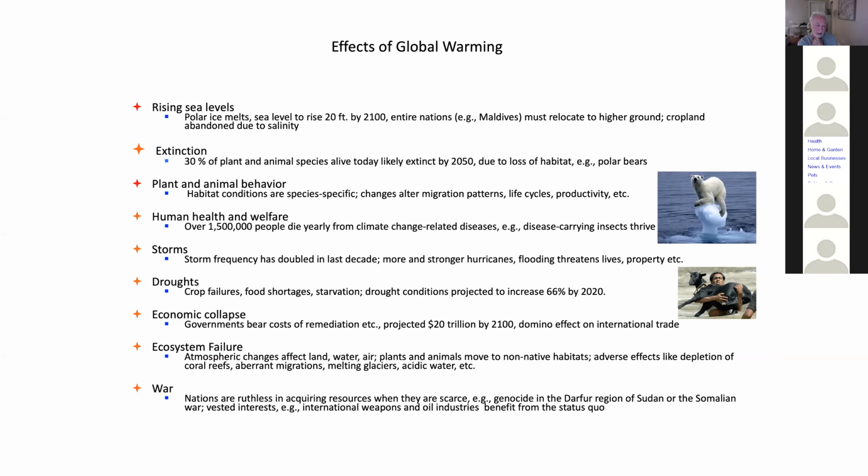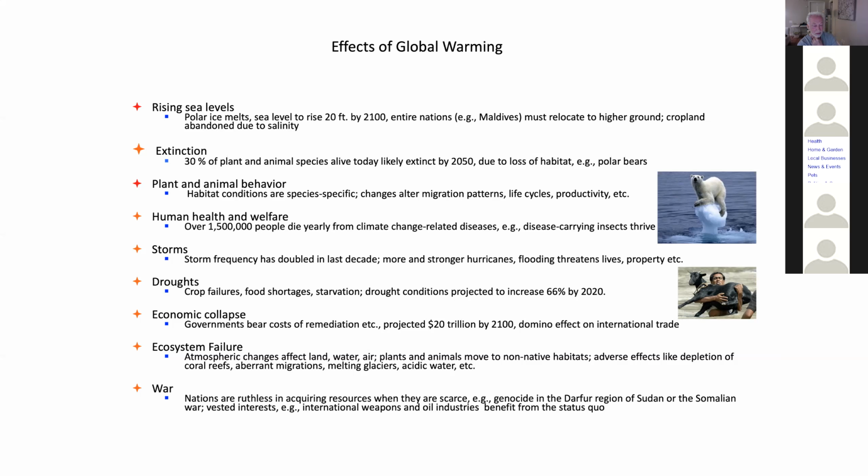Economic collapse as governments try to bear the cost of remediation. Just think of the cost to our government for all the damage done to cities along our coast by storms. Ecosystem failure and even wars result from climate change as resources become limiting.